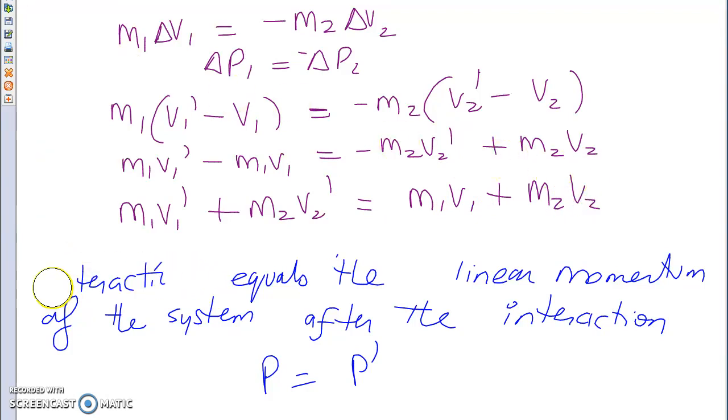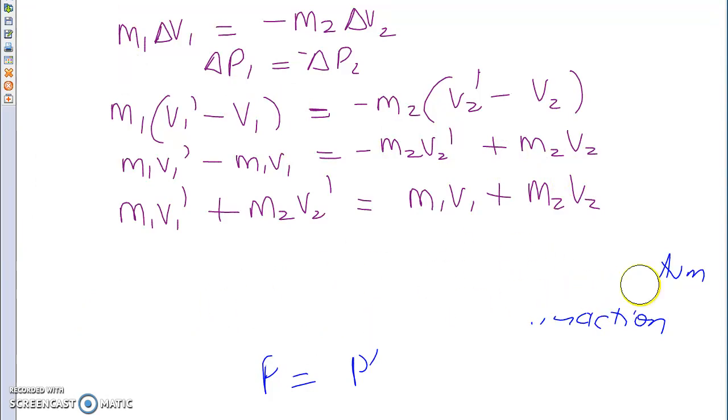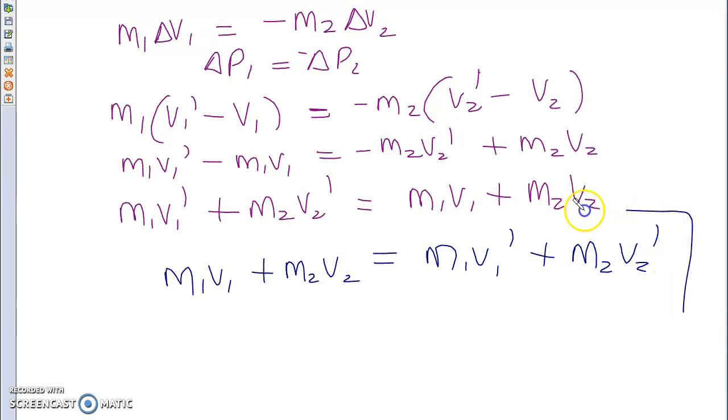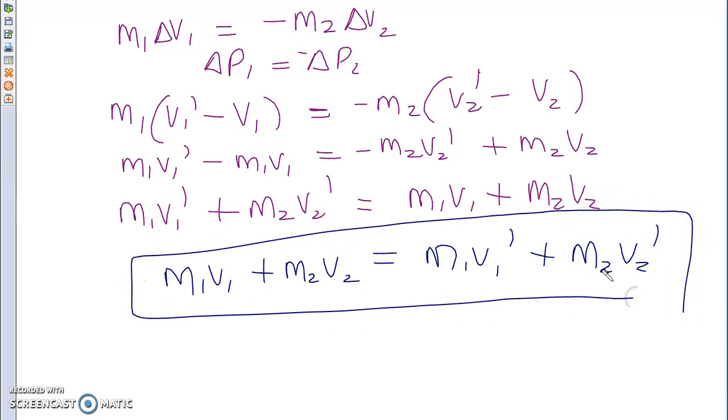In other words, we can switch this around because that's how I like to look at it, and this would become m1 v1 plus m2 v2, which equals m1 v1 prime plus m2 v2 prime. Okay, momentum before equals momentum after. Momentum of the two objects before the collision, momentum of the two objects after the collision.